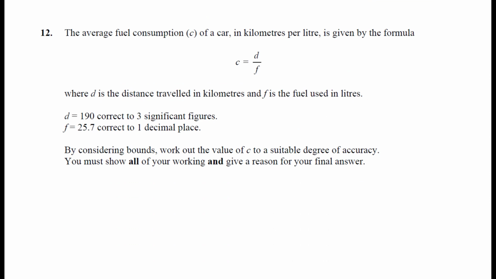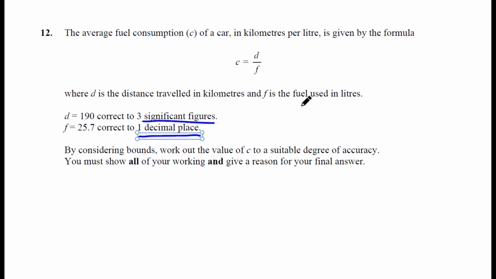Now let's look at this question. So this looks like a bounds question. We have D to 3 significant figures and F to 1 decimal place. By considering bounds, work out the value of C to a suitable degree of accuracy. You must show all of your working and give a reason for your final answer.